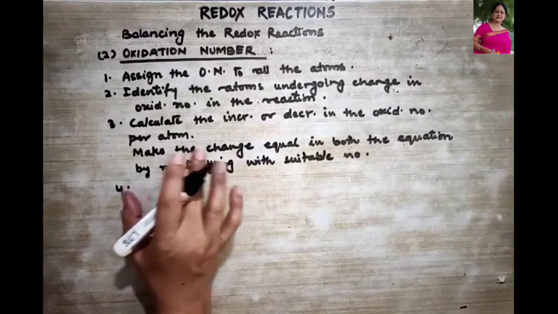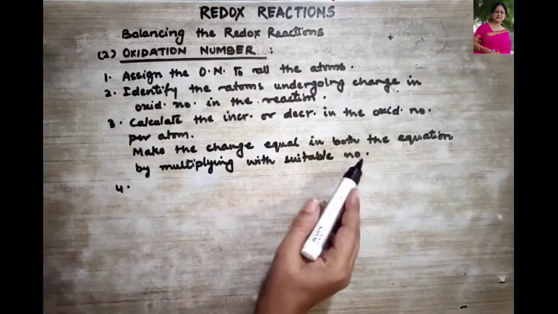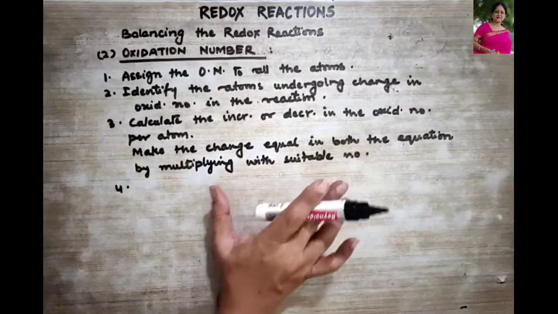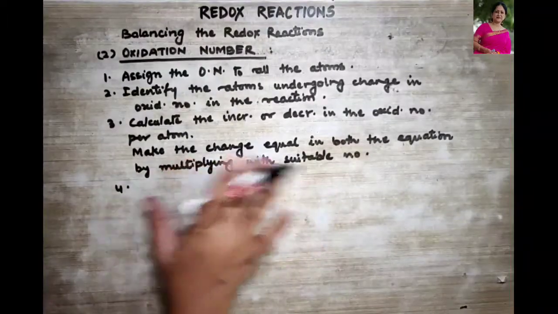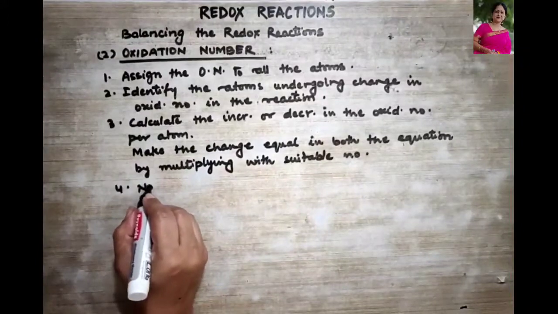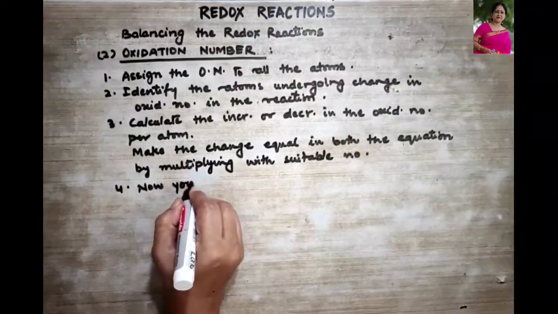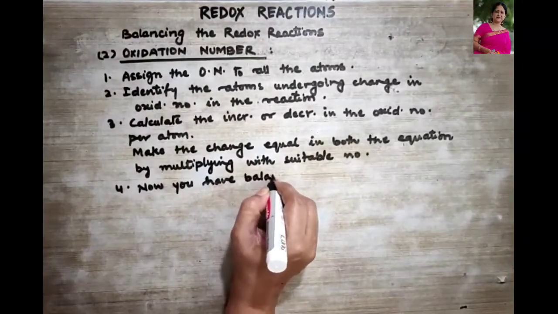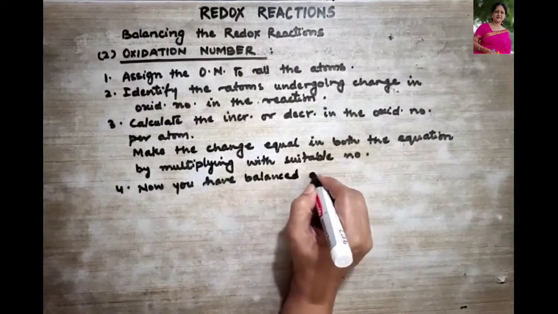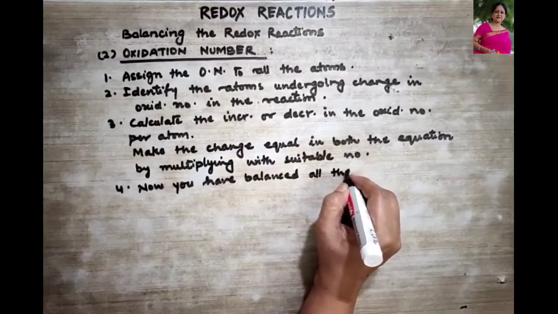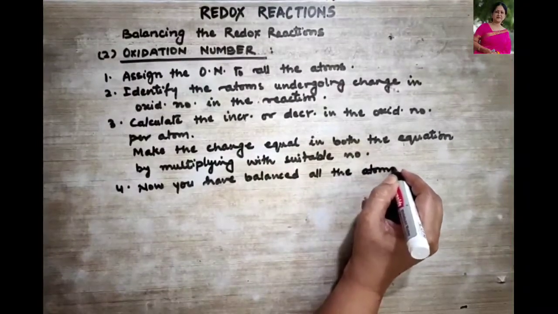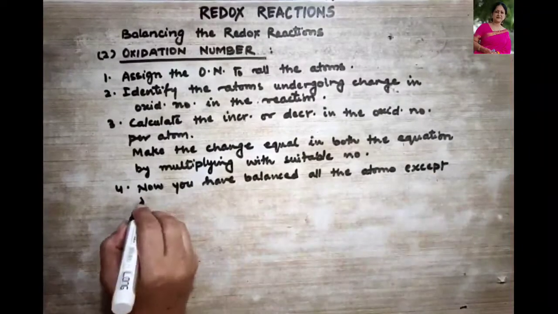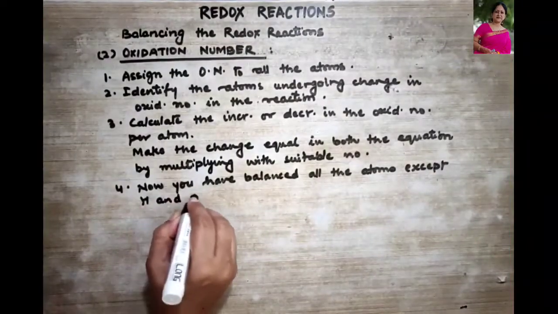Next, what do we do? Now after you have done this, your equation is actually balanced. So first you have balanced all the atoms except hydrogen and oxygen.